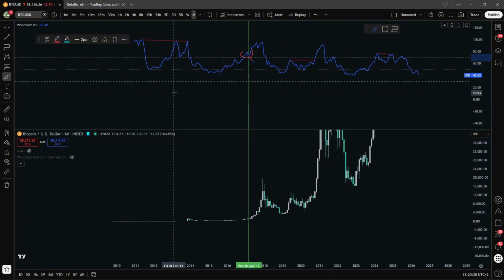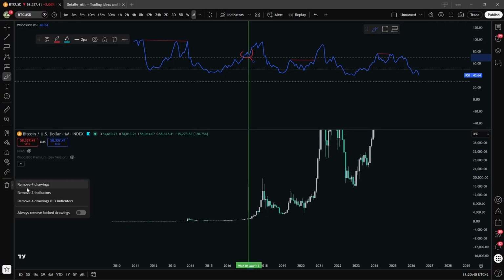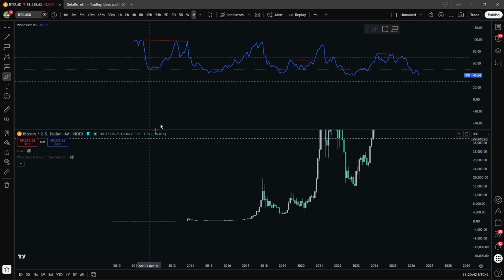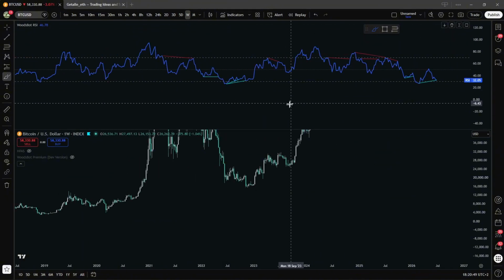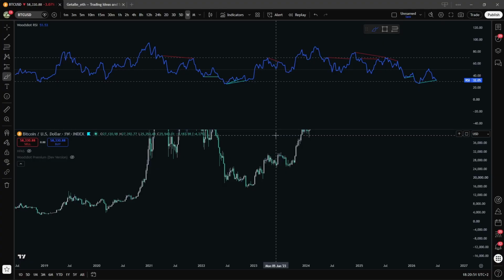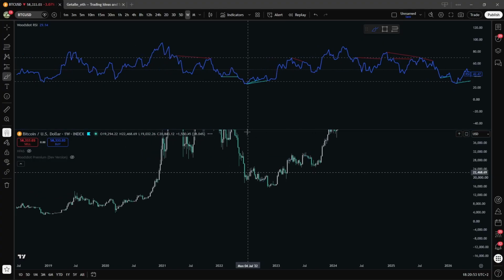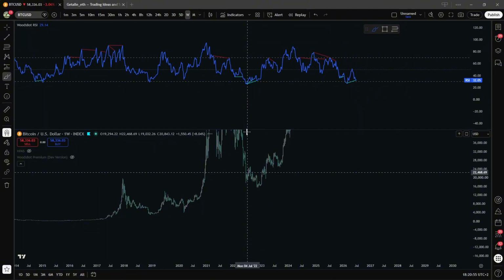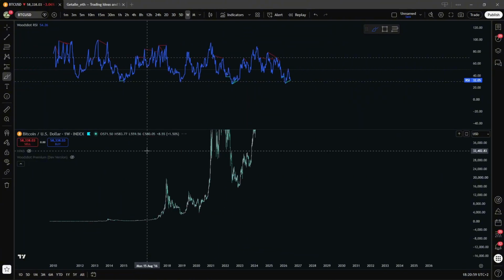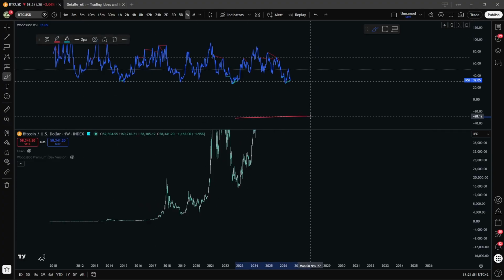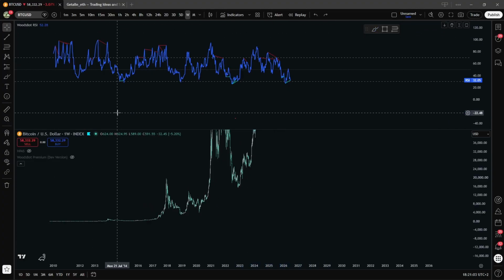And obviously it's the same thing for the oversold area, right? We don't have this right here on the monthly chart. Let me look on the weekly. Okay, Bitcoin really didn't go into the oversold area for quite some time.